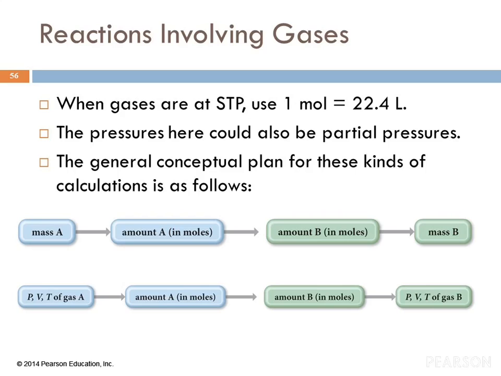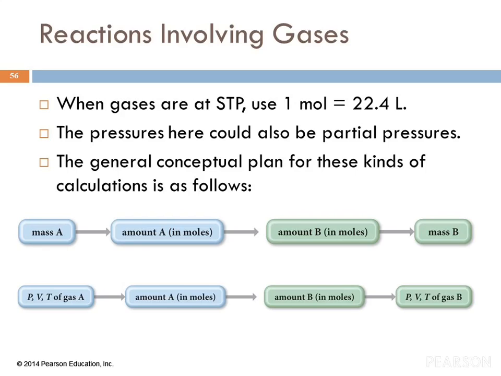If you have STP, go ahead and use the molar volume, 22.4 liters. By the way, this funky wooden box here is GMV, gas molar volume, 22.4 liters. That's 1 mole of a gas, if you're interested. The pressures in these reactions could also be partial pressures.